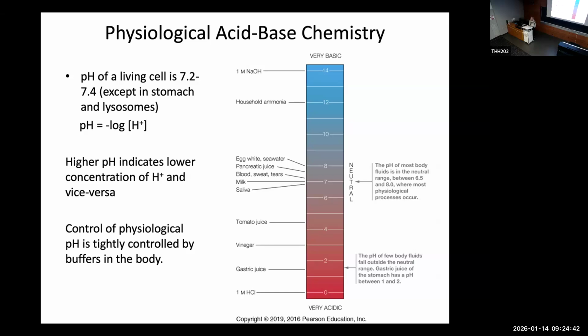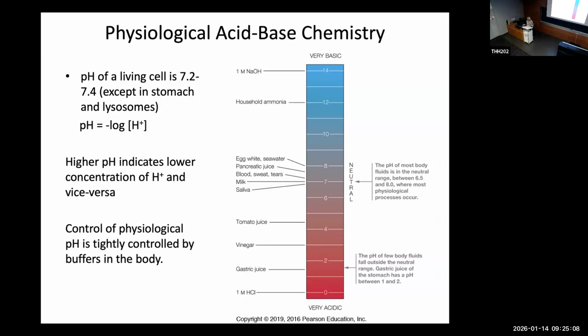We want to think about, most of the time, we're talking about living systems, which are at a pH of about 7.2 to 7.4, except in certain parts of the body or in certain parts of cells where we have gastric acid. Stomach acid is about pH 2 or a little lower, very acidic. And then lysosomes, so organelles in the cell that digest proteins, can be more acidic as well.